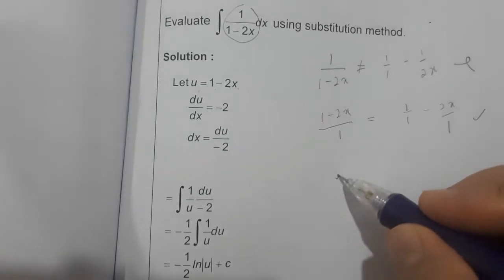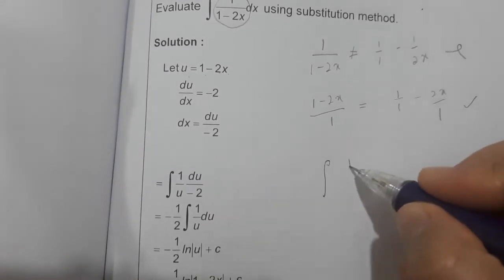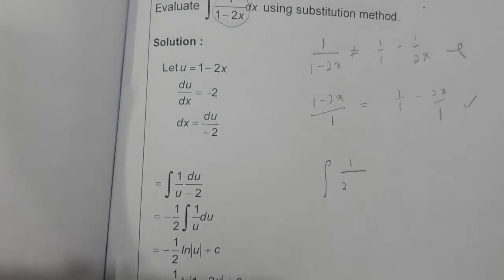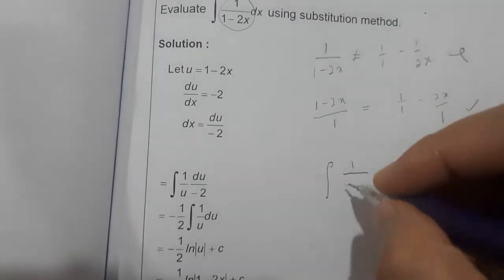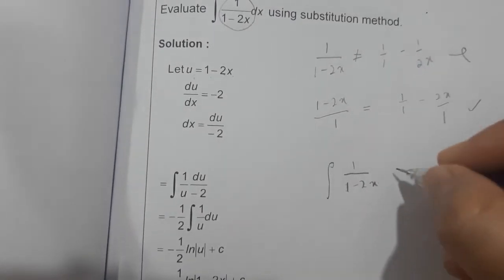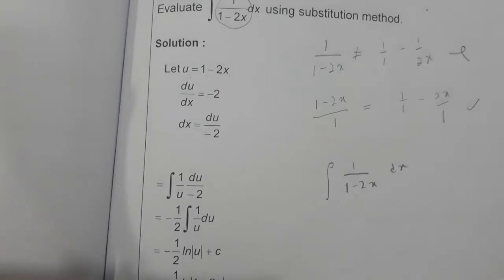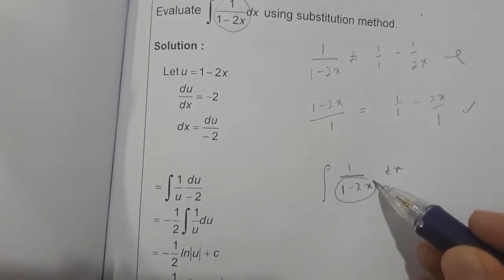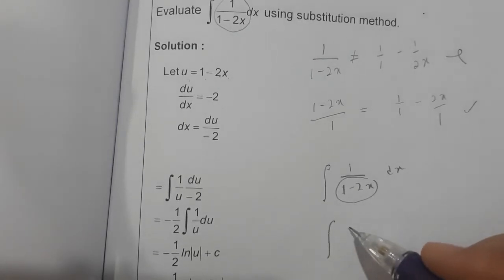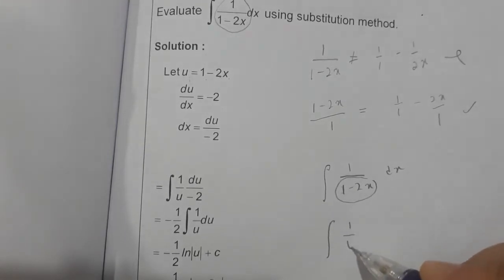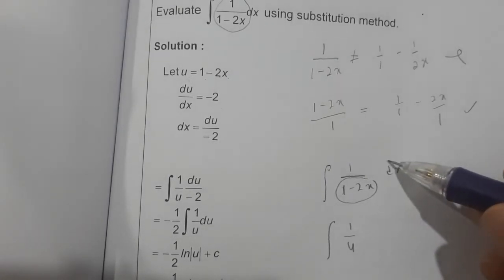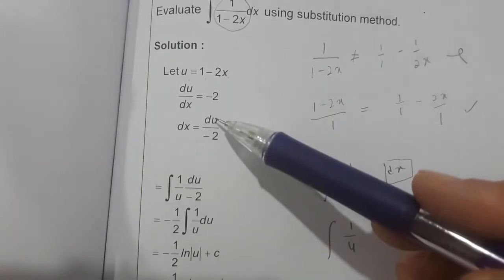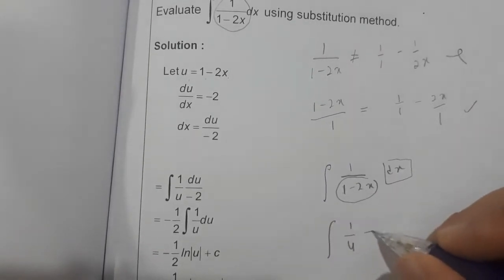So we want to solve the integration of 1 over 1 minus 2x dx. Let's do the substitution. 1 minus 2x is u, so 1 over u, and then what's left is dx. Dx, we will substitute by du over negative 2.